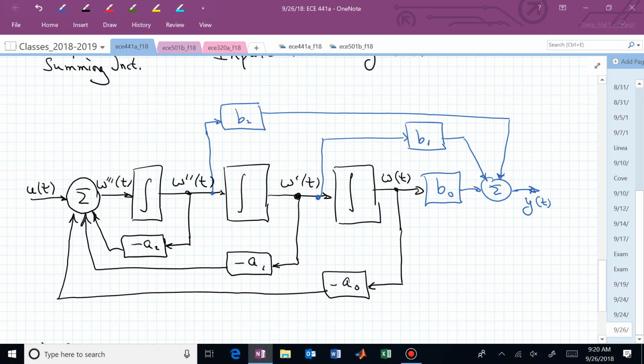And the strategy then that we're going to employ is to label the outputs of these integrator blocks as state variables, and let me make that x1 of t. Here is x2 of t, and here is x sub 3 of t.